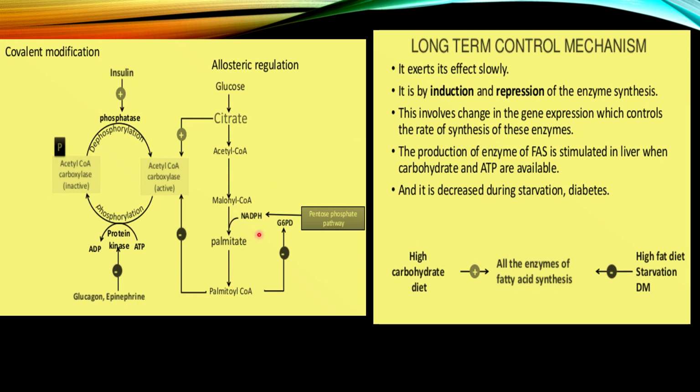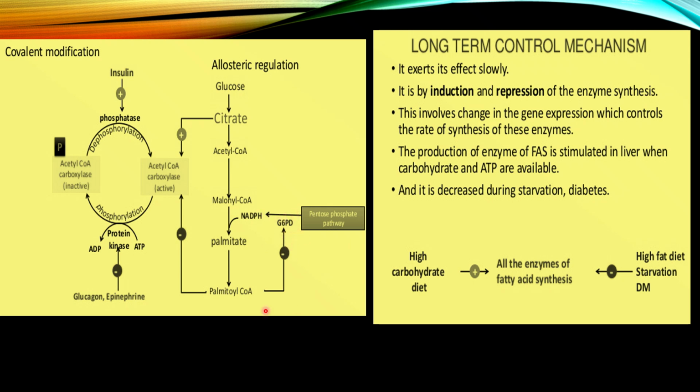Then here the NADPH is required, and further this palmityl coenzyme A or palmitic acid, if it is in excess amount or in sufficient quantities, through feedback regulation will inhibit the glucose 6-phosphate dehydrogenase.